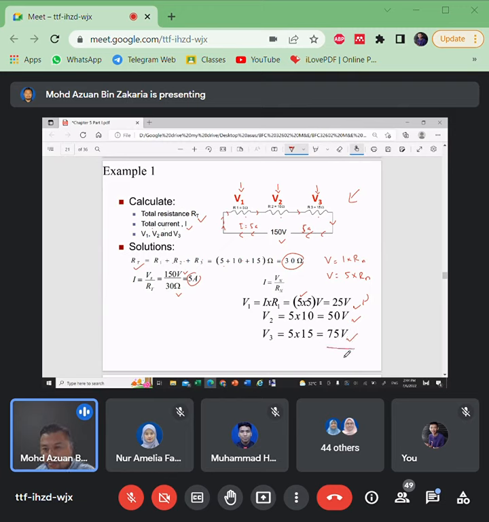And when you sum up these, it is 150 volt, similar to the voltage supply here. So as you can see, I is similar because the resistances are connected in series.